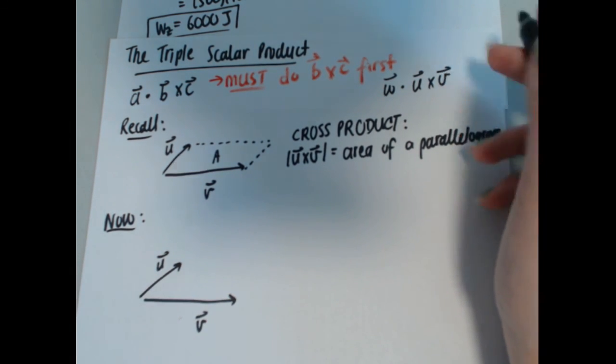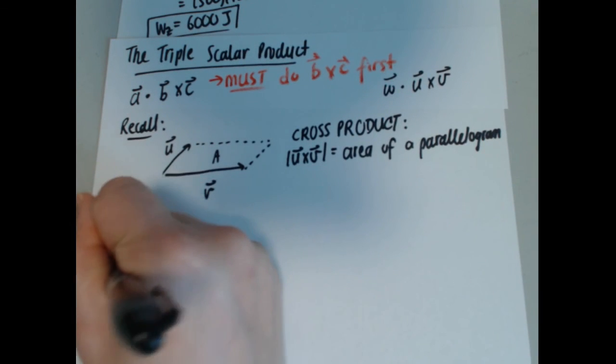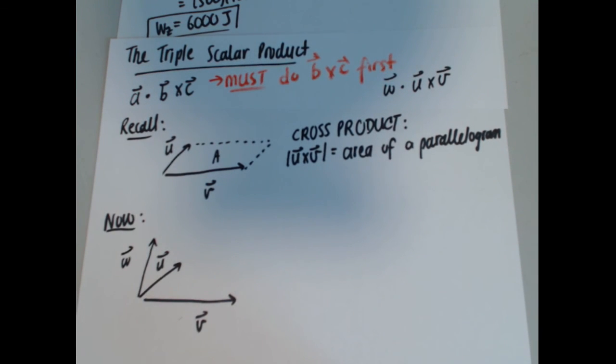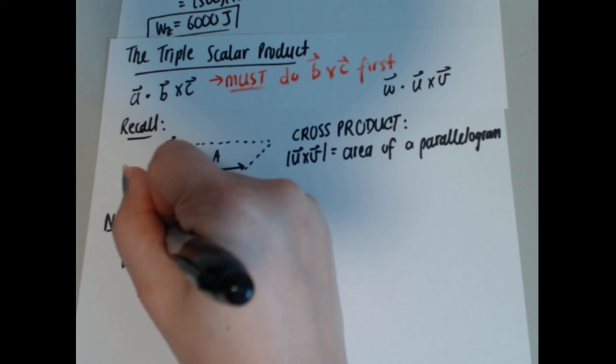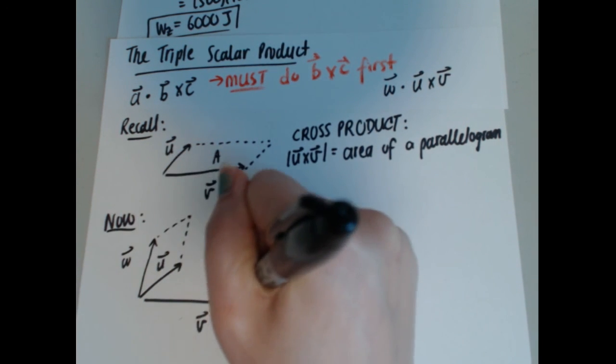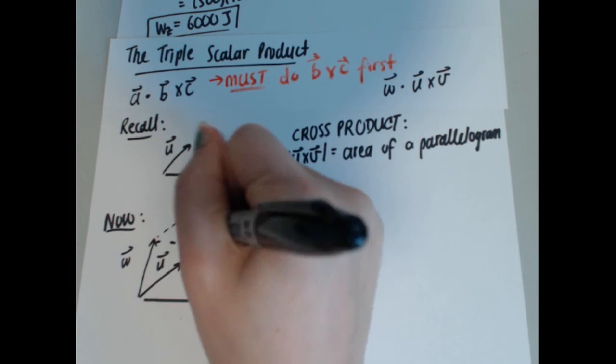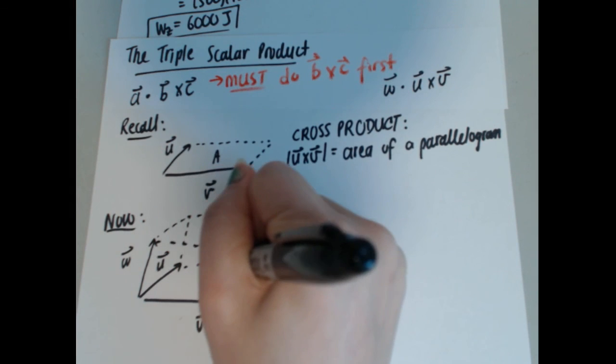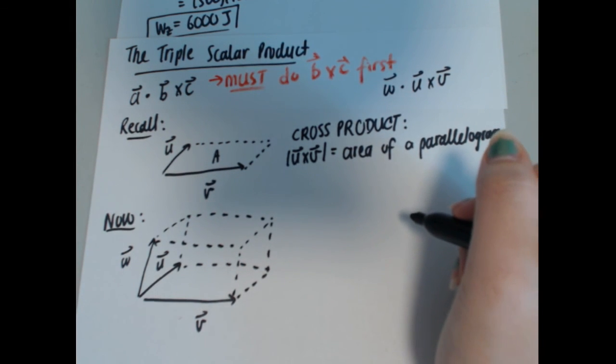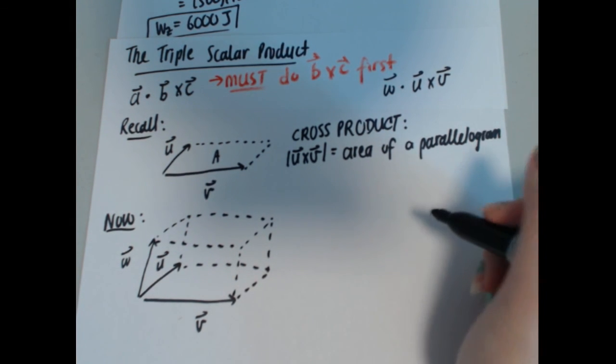If I dot that with a W, well, where's W? Maybe W's like this. If I dot that with W, what I'm actually getting is a three-dimensional figure. And it looks something like this. Okay, so essentially what I have here is a three-dimensional parallelogram.